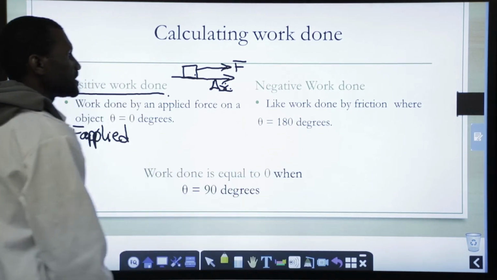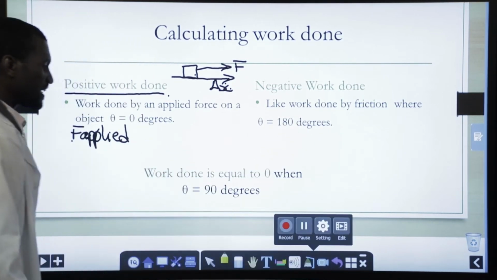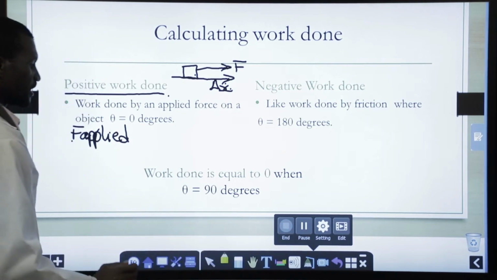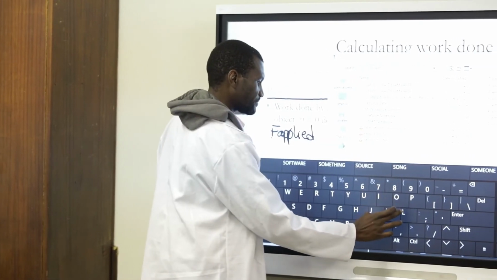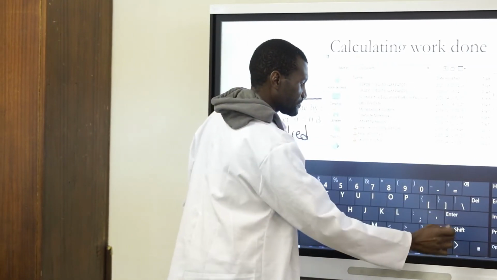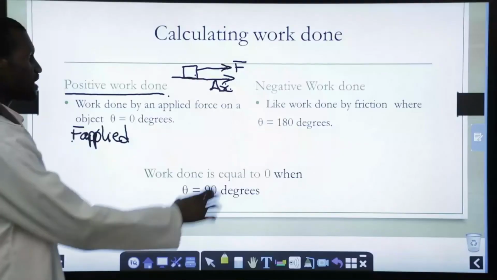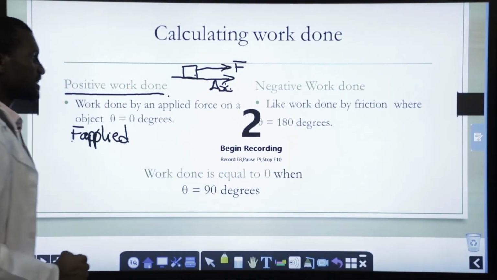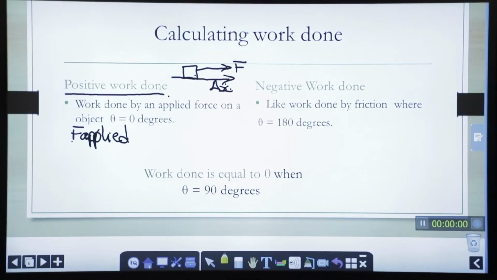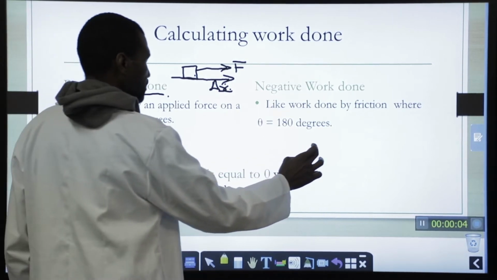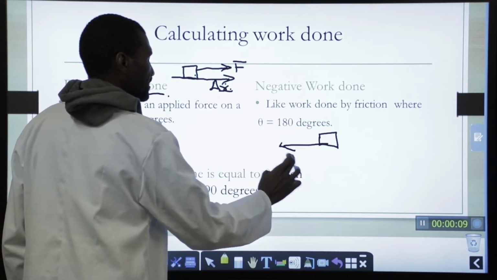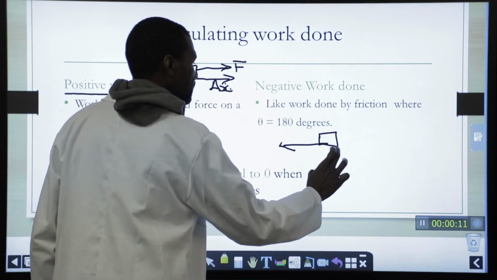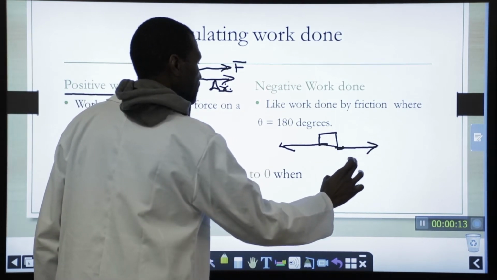And then we can have negative work done in a situation where we have the angle theta being equal to 180 degrees. Like, for example, when we have friction, which is operating at 180 degrees to the change in x.